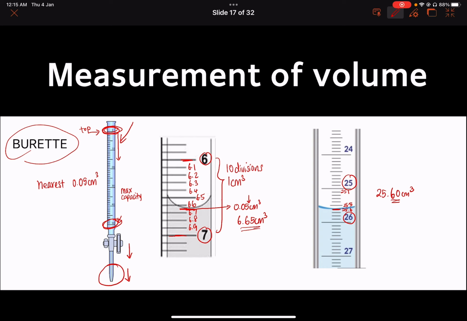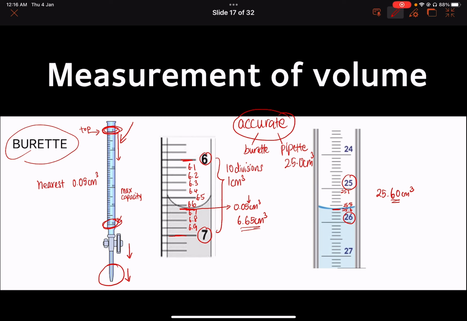So I hope it gives you a clearer idea of what all these instruments mean. In summary, if you see the word accurate and they ask you to choose apparatus, you have only 2 choices: burette or pipette. How do I know when I will choose pipette? If you see the magical number 25.0.